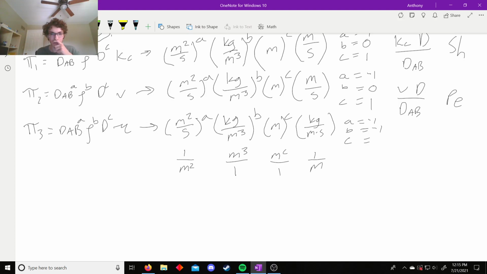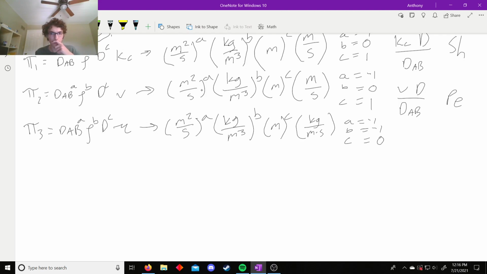So it looks like we have 3 meters on the bottom, and 3 on top plus whatever this is. So this has to be 0, because this and this already cancel with this. There's nothing that can cancel with that. So that means that c must be 0. Okay, so those are our powers there.